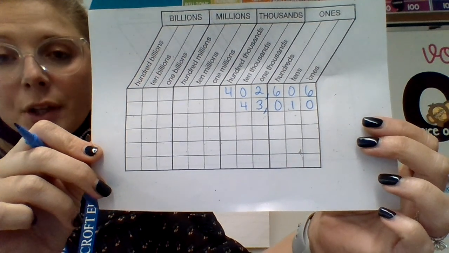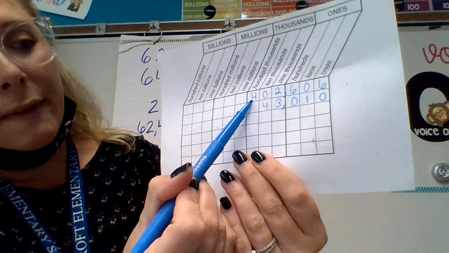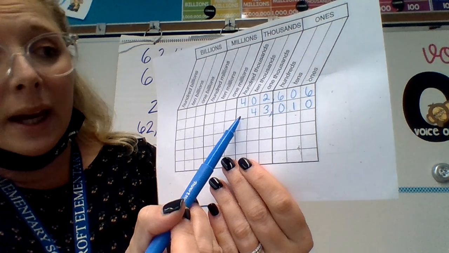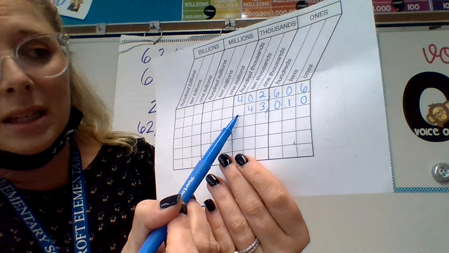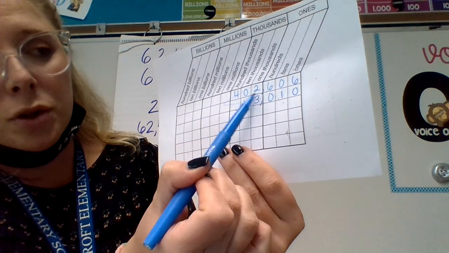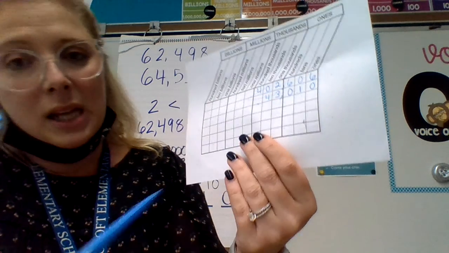Using the place value chart, it's easy to compare. I have a 4 in my 100,000s and I have nothing, or 0, in my 100,000s in this spot. So right away, I can see that 402,606 is a lot bigger than 43,010.